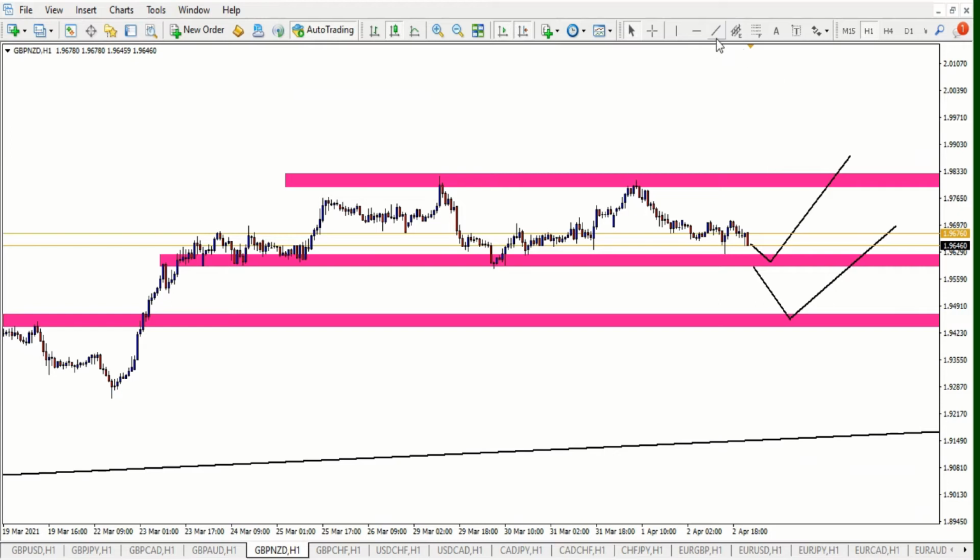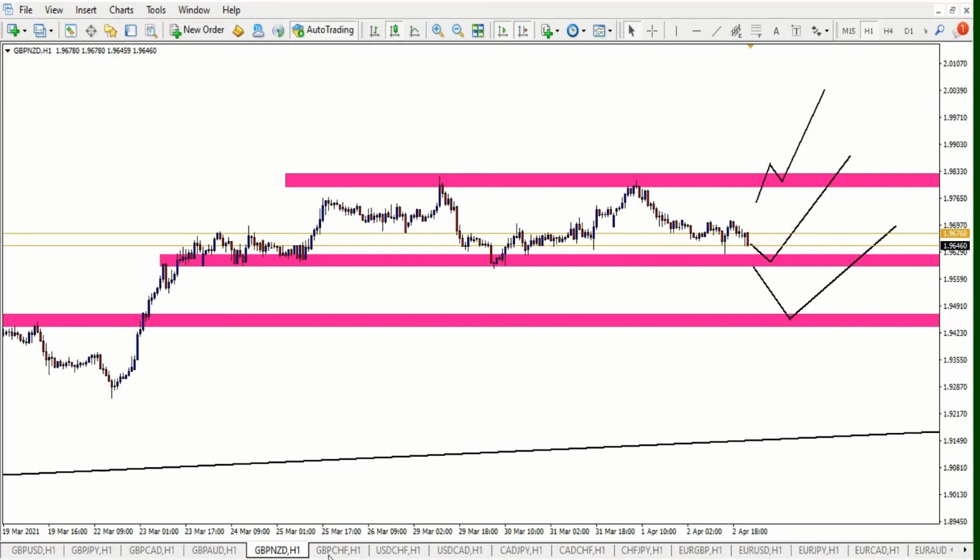Okay, or if the market happens to gap up or do something weird like that, we could be waiting for a break of this resistance and a retest for the new support, and the market could continue making its way back up. So that's what we're looking for the Great British Pound and New Zealand dollar.